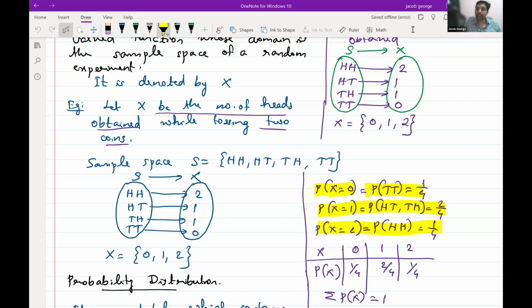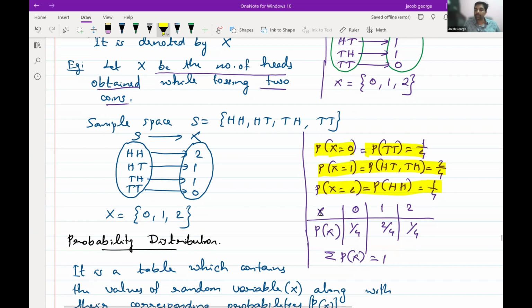P of X equal to 2 means getting 2 heads. So that is 1 by 4 because only 1 outcome. This we have to write as a row and column. X will be in the first row, 0, 1, 2. Its probability will be in the second row, P of X. This table is called a probability distribution.